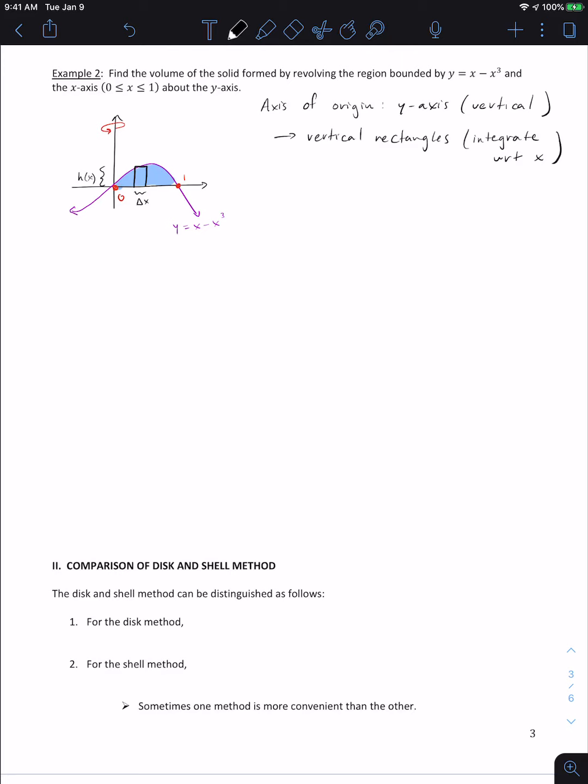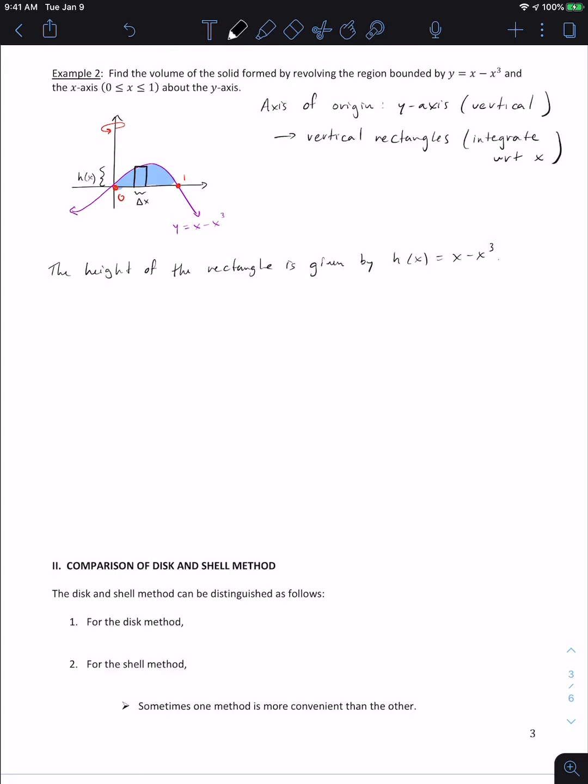So the height of the rectangle is given by h of x equals the purple graph, which is x minus x cubed.